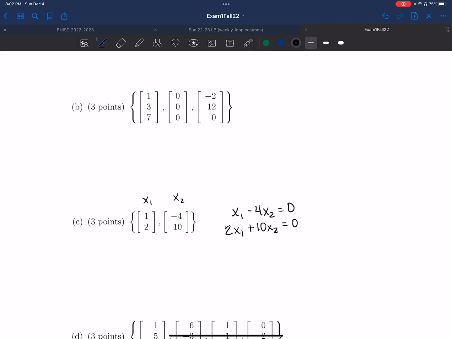And the way we do that is we go, okay, can I take this first row, this first equation, and multiply it by something, by a scalar, by like 2, and get the second equation? If I can, then they're dependent.